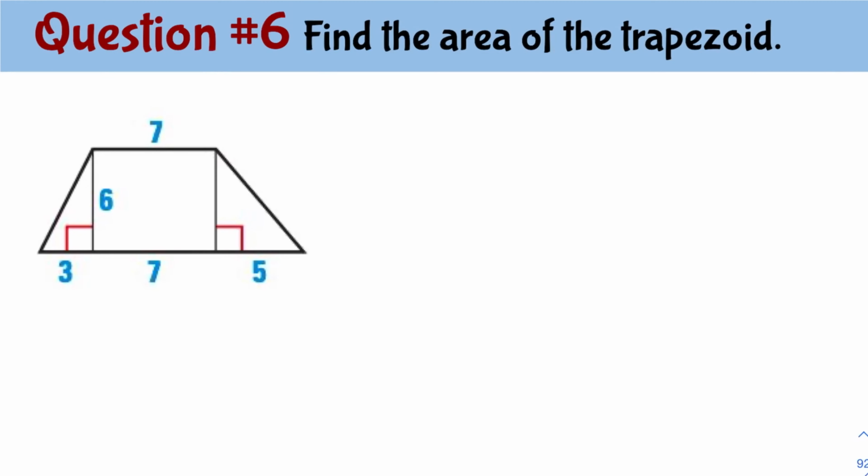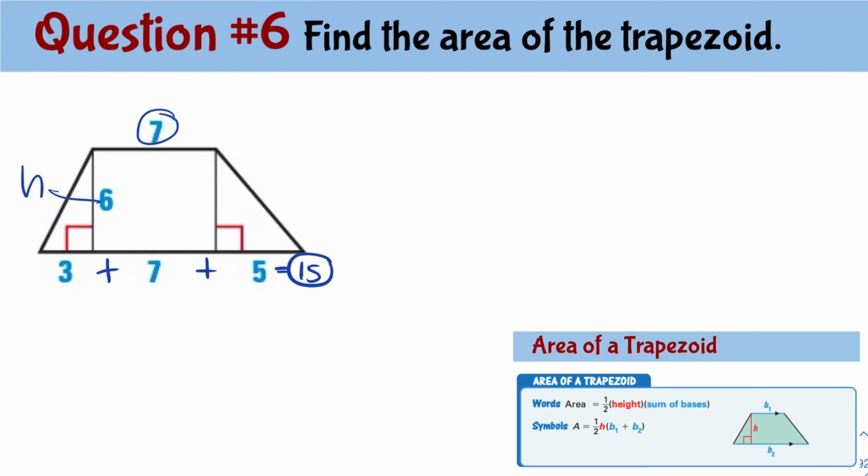Question number 6. Find the area of the trapezoid below. So here, the base 1 is 7, and our base 2 is the sum of 3, 7, and 5, which is 15. And the height is 6. So plug it in to the formula.